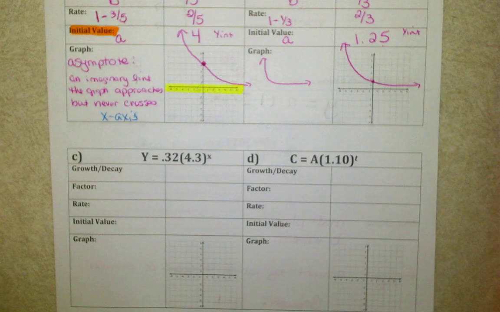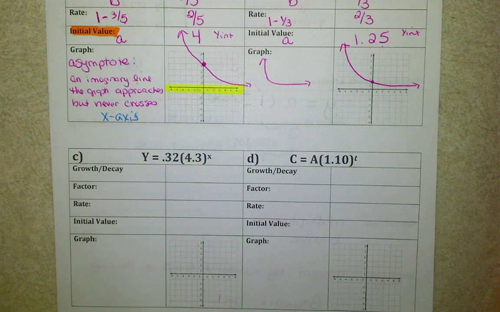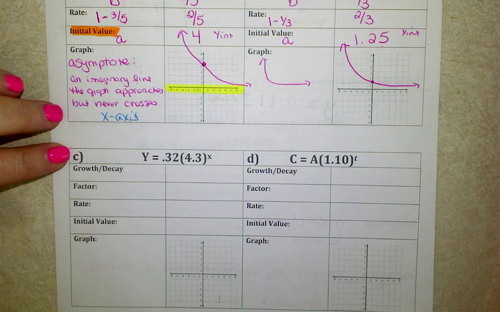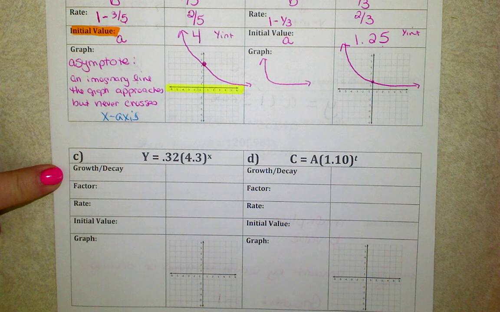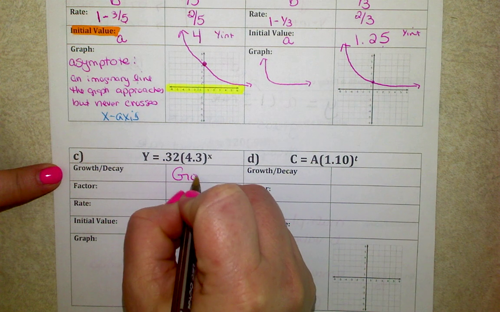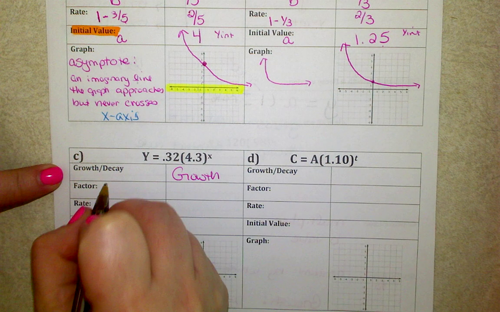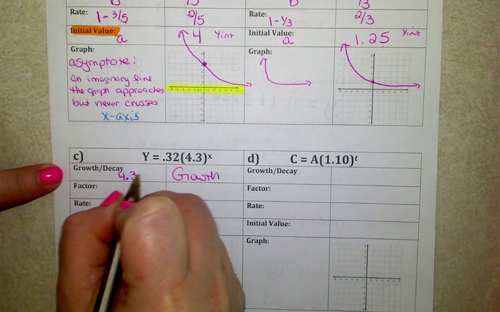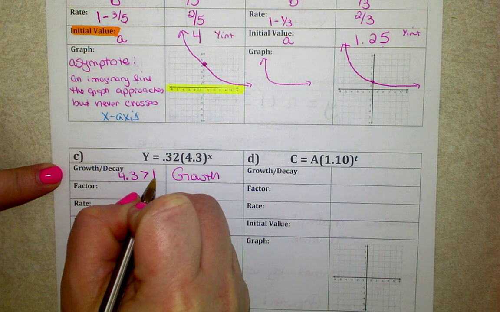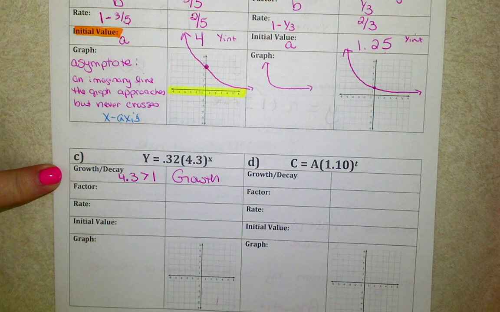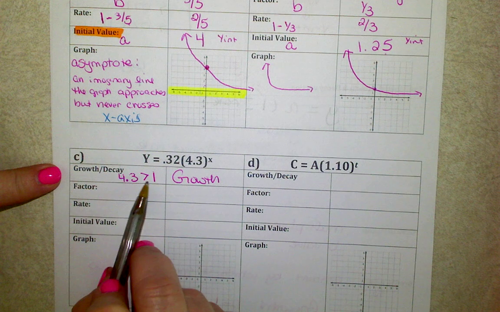All right, so let's start with Maya and work our way through everybody. All right, Maya, for C, is it growth or decay? It is growth. How do you know it's growth? Because 4.3 is greater than 1.